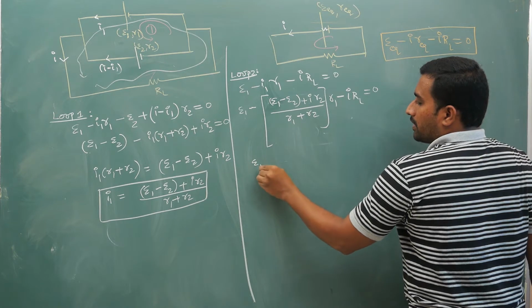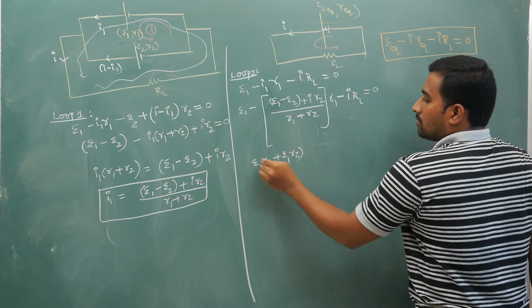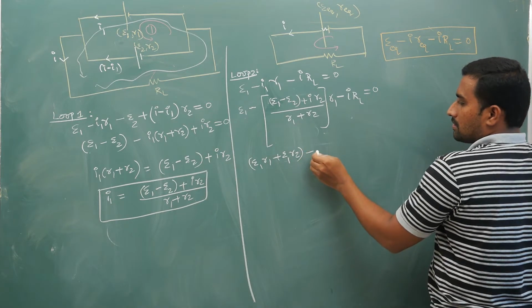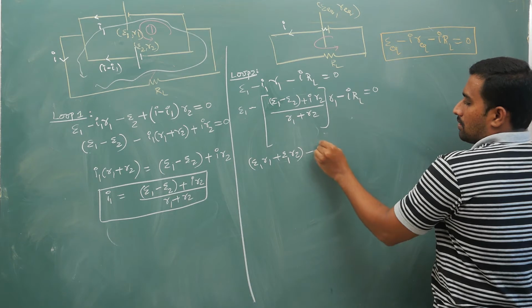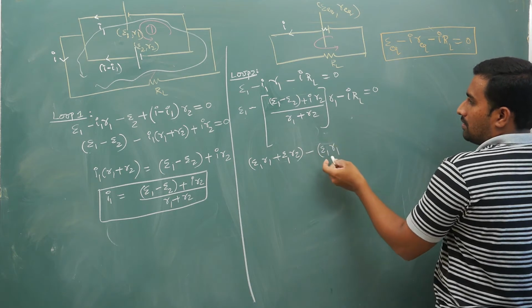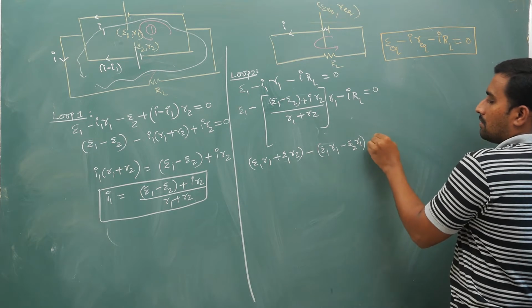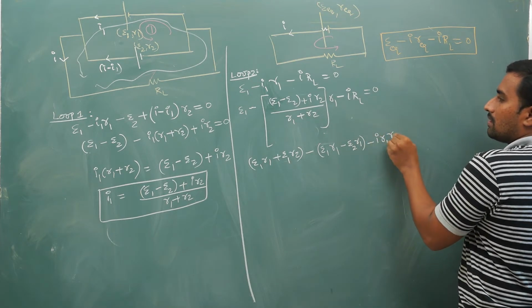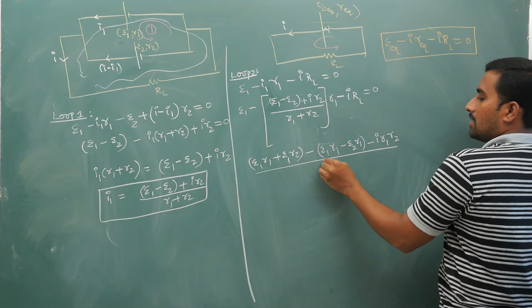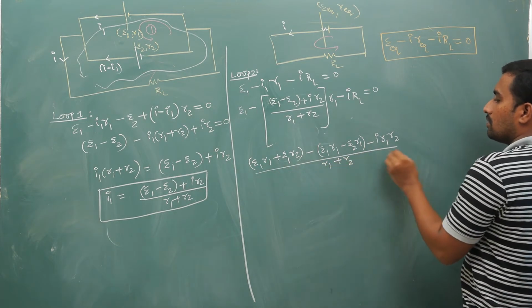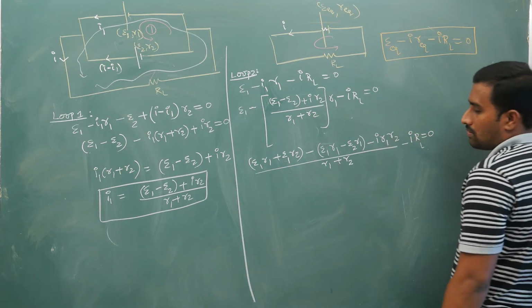I am going to get E1 R1 plus E1 R2 minus E1 R1 minus E2 R1 minus I R1 R2, all by R1 plus R2, minus I times R load is equal to 0.